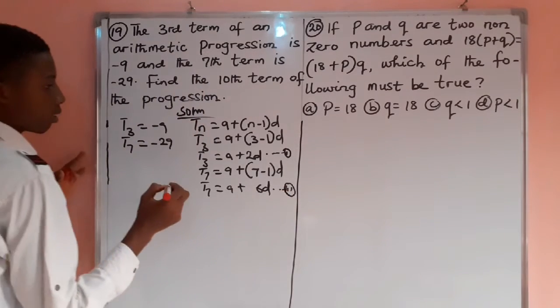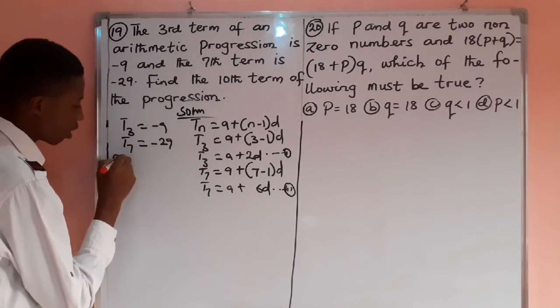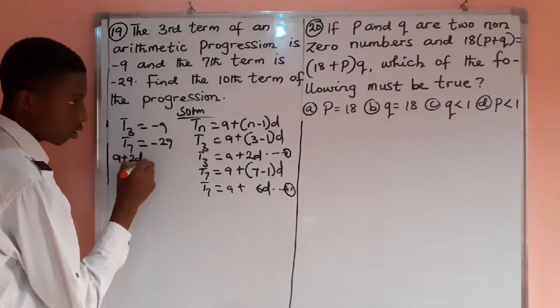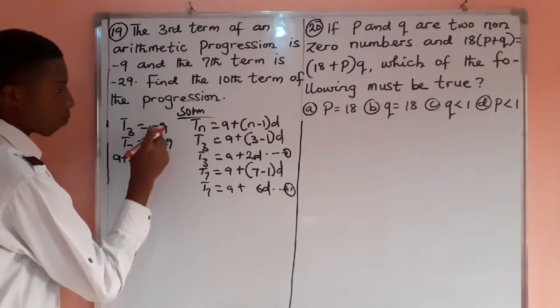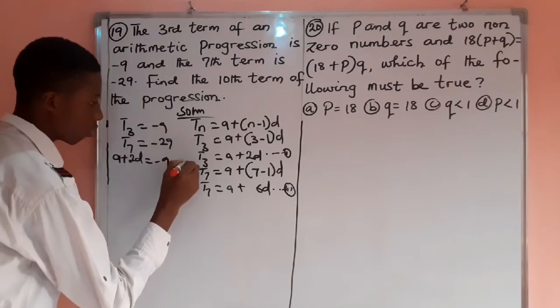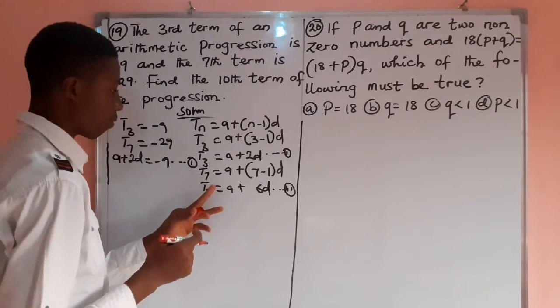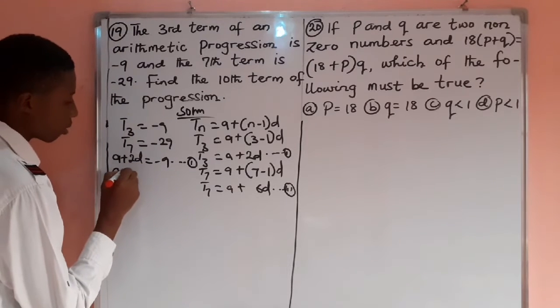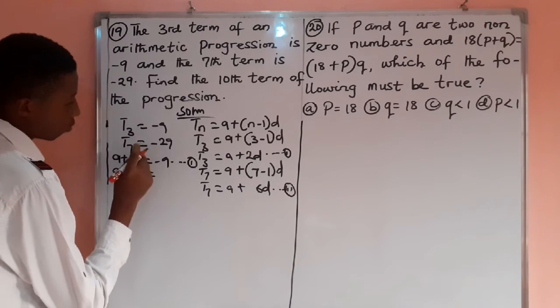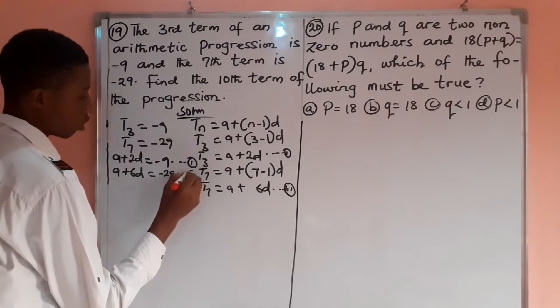Now looking at this, we'll bring it to the side. You forget about the T3 and introduce a plus 2d is equals to your minus 9, which was given from the question. Equation 1. And now the T7, we also forget about the T7 and bring in a plus 6d is equals to our minus 29 given from the equation 2.